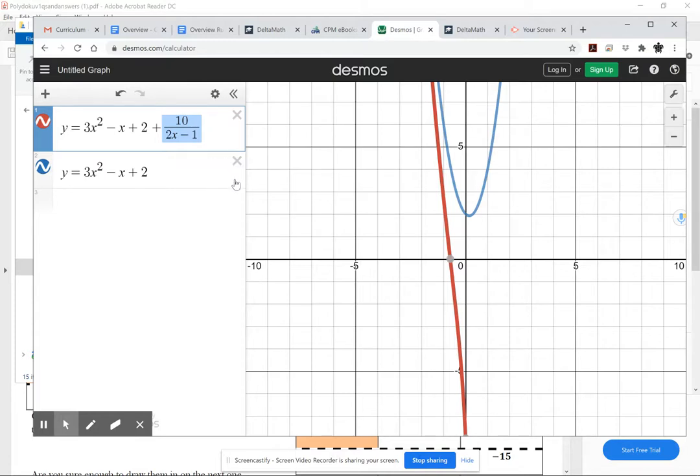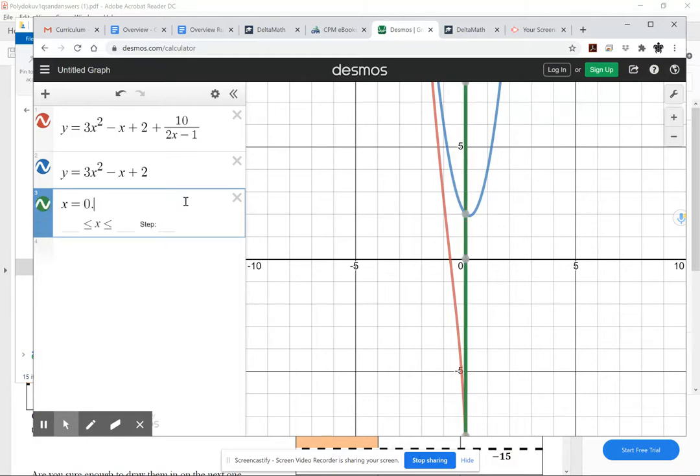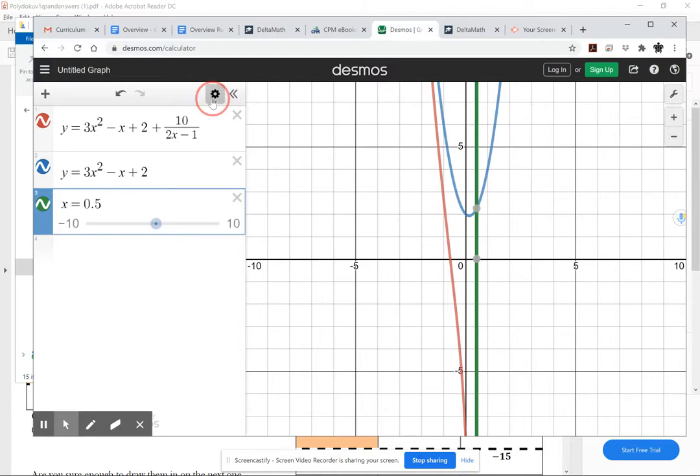The first thing you want to look at when you see a rational function is, remember that you cannot divide by 0. So in this case, what number would make the denominator equal to 0? Well, x would have to be 1/2. So when x is equal to 0.5, we get something that's not allowed in that function.